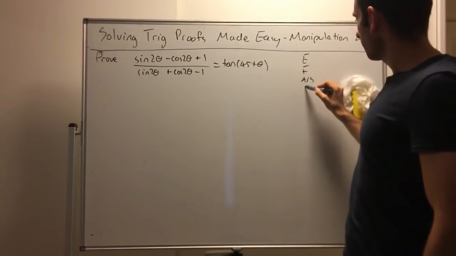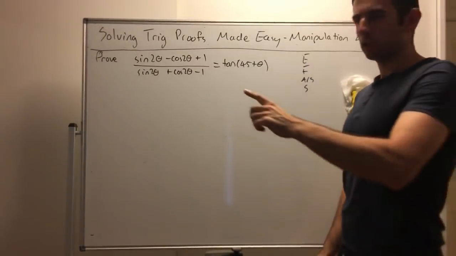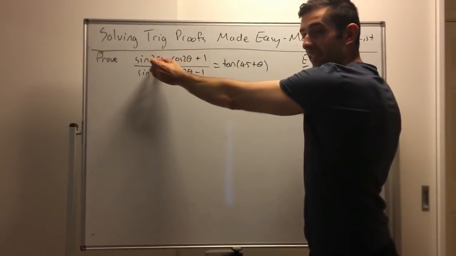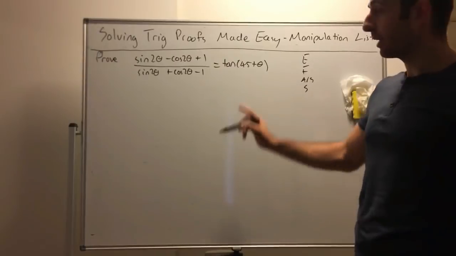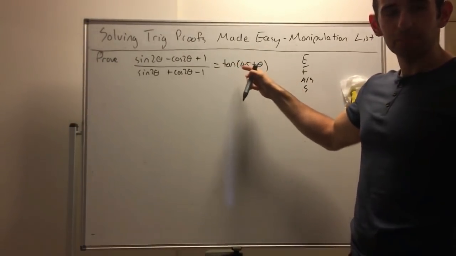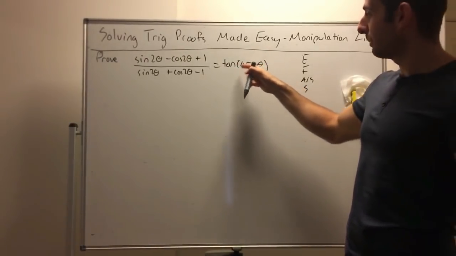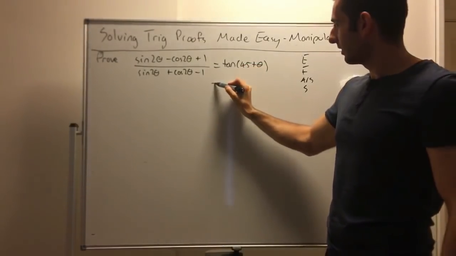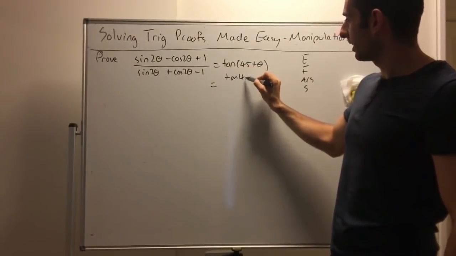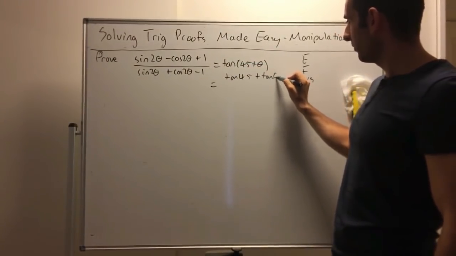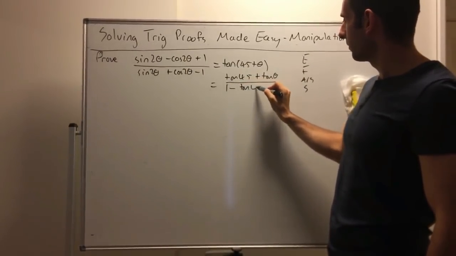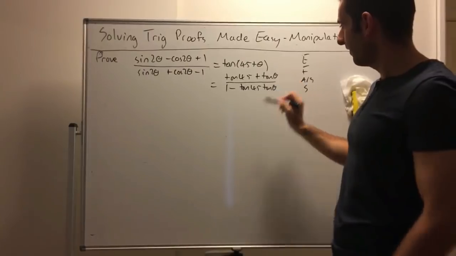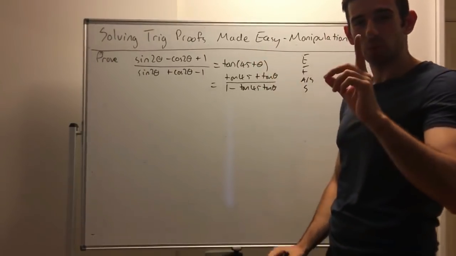But just as a precursor, you notice these are double angles here, and trying to go from double angles to a compound angle is near impossible. So what I would recommend is, if you ever have a compound as the answer, to expand the compound, right? So this, if you use a compound formula, is tan 45 plus tan theta over 1 minus tan 45 tan theta, and you remember tan 45 is just 1.